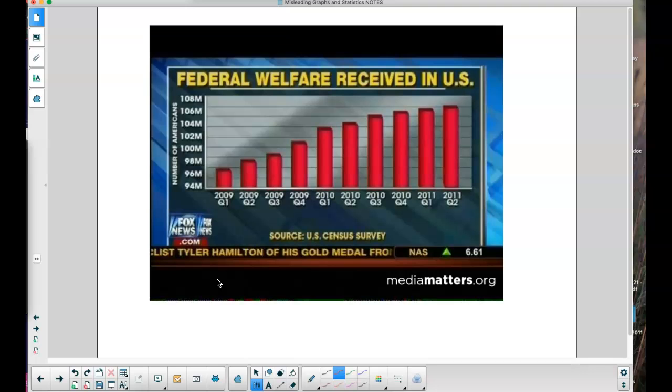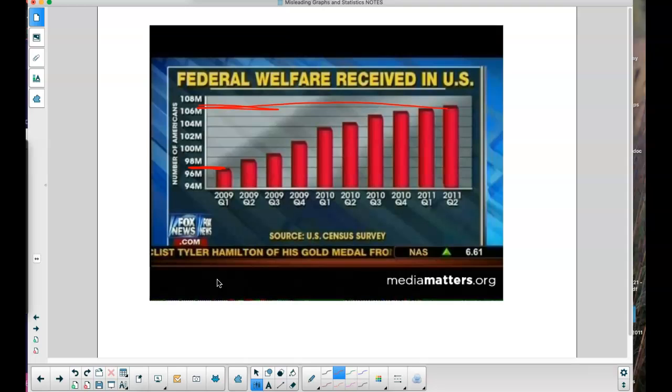They're trying to get you to believe that from 2009 to 2011, there were a lot more people on welfare. Was there? No, not really. Look at this. The number of Americans on welfare went from 97 million to 107 million. Really only 10 million more people. And when you're looking at the entire United States, 10 million is not very much.